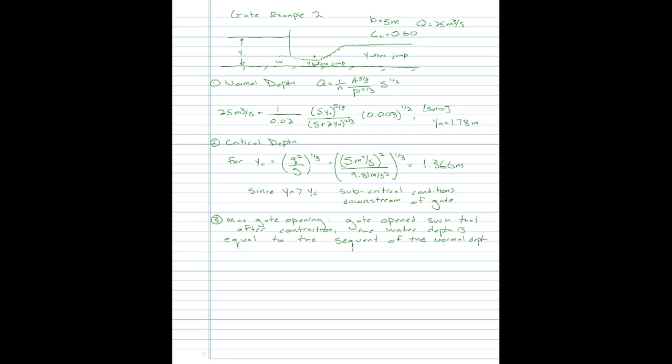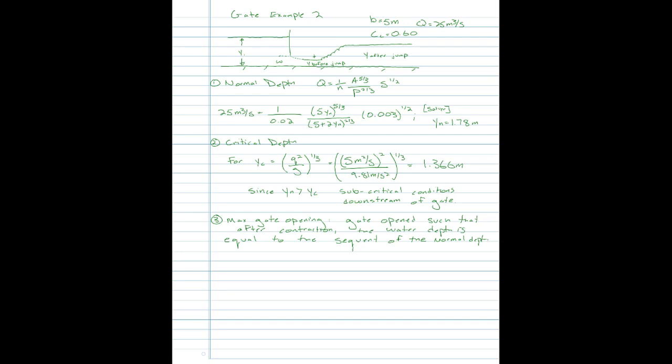So we're doing the hydraulic jump calculation, and we're saying that the downstream depth after the jump is equal to the normal depth. And so we want to find the upstream depth. What's the Y before the jump? That, after we scale it up for contraction, will tell us how widely we can open up the gate, how tall it can be.